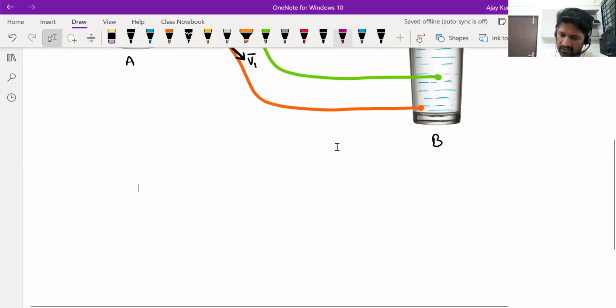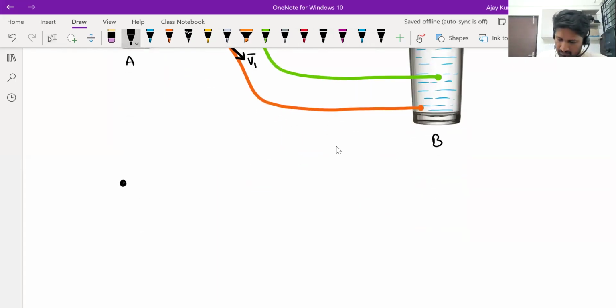So if you consider two particles x and y, suppose x is traveling with some velocity like this. Let's call it Vx. You can imagine the line connecting x and y. Vx has a component parallel to this line, Vx parallel, I'll call it.